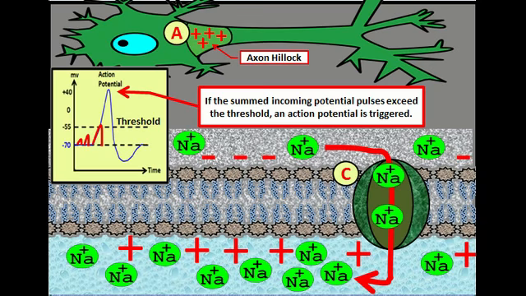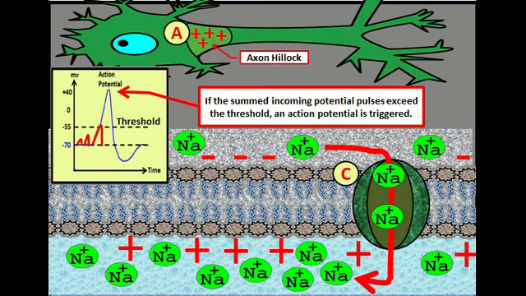As the dendrites of the neuron receive impulses from one or more neurons, the voltage changes drift through the neuron body into the axon hillock, where the incoming potentials from all of the neuron's dendrites are summed with the normal resting potential. If the resulting sum is less than the threshold of minus 55 millivolts, nothing happens.